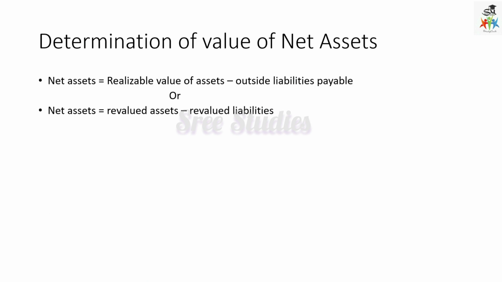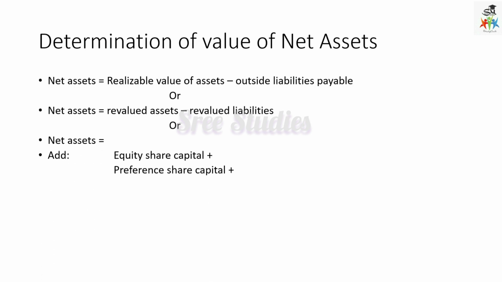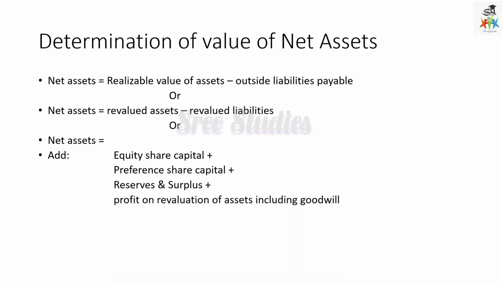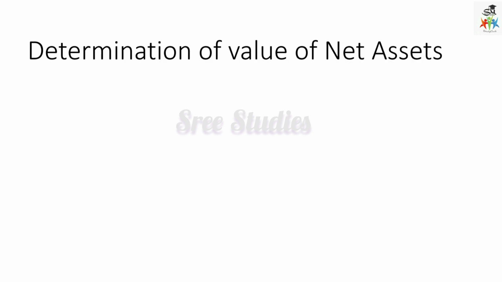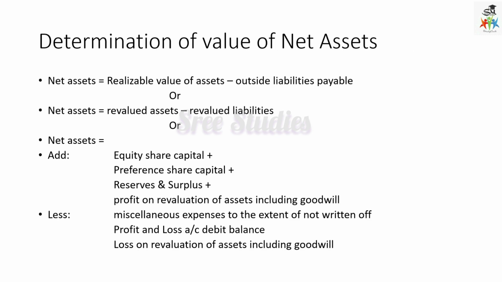Or we can name it as net asset equals revalued assets minus revalued liabilities. Or it can be arrived at like this: net asset equals equity share capital plus preference share capital, reserves and surplus, then profit on revaluation of assets including goodwill, and then we reduce these items, and we can easily get the net asset.